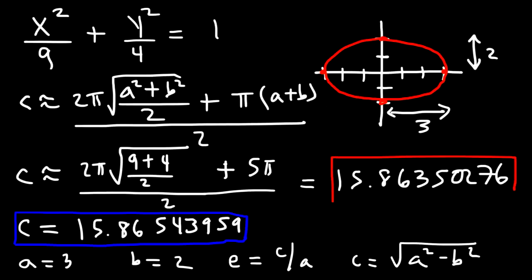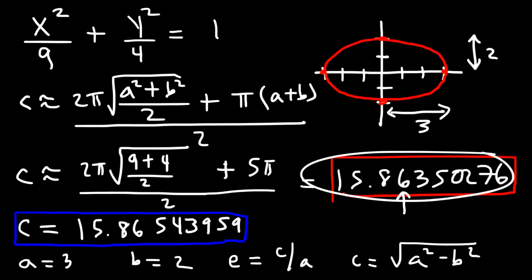And so if you round it to, let's say, 15.9, it's a good approximation. If you round it to the 100th place, then this will give you 15.86, and this will give you 15.87. So it's close, but it's not exact. But nevertheless, this is still a good approximation.